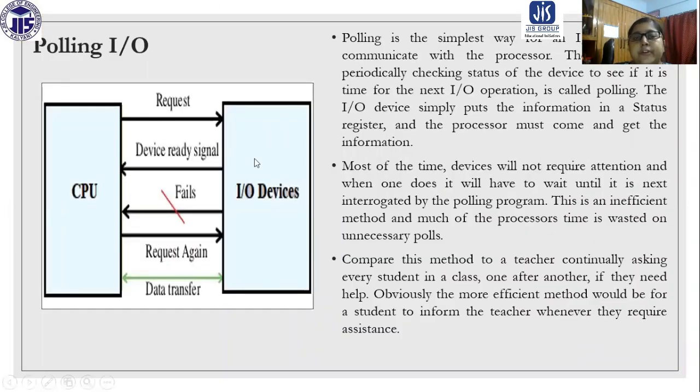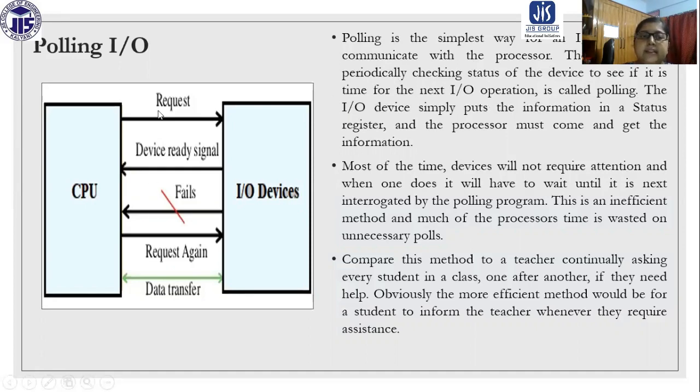So firstly, we are going to discuss polling. Polling is the simplest way for an I/O device to communicate with the processor. The process of periodically checking the status of the device to see if it is time for the next I/O operation is called polling.